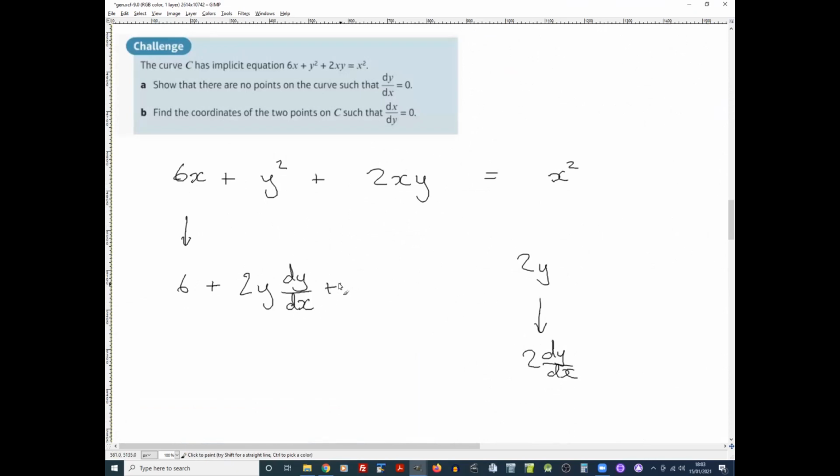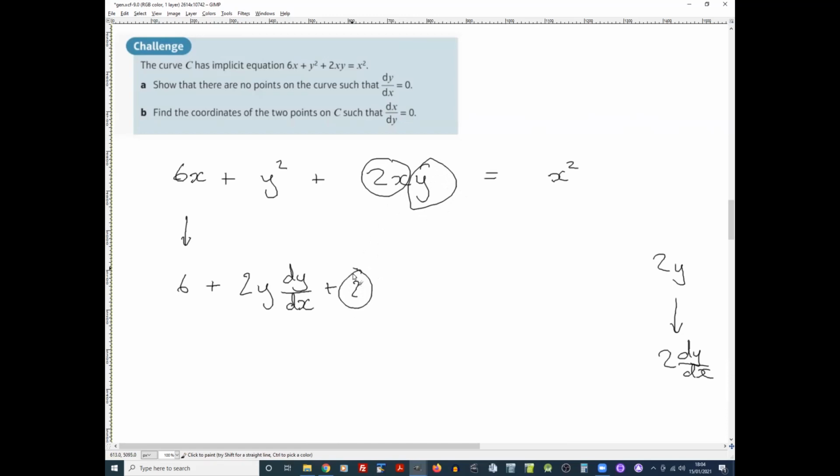Now, what kind of rule do we need for 2xy? Chain rule, is it product rule? It's a product, really, more obviously than a composite. So when you differentiate the 2x, it actually just becomes 2.